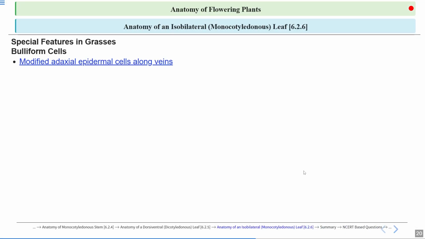Now, there are some special features in grasses. Bulliform cells are modified adaxial epidermis cells along the veins. These cells are present on the adaxial epidermis along with the veins. They are very, very important cells. They are large, empty and colorless.